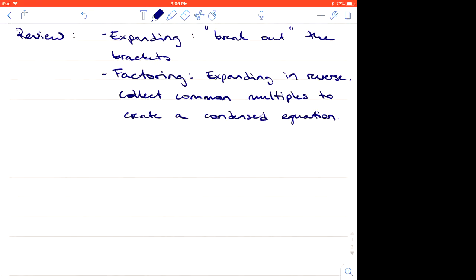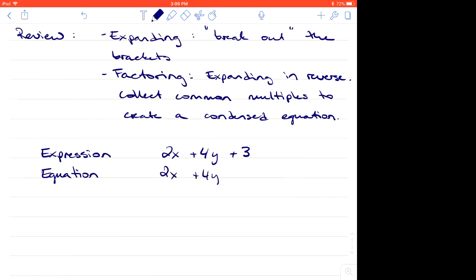Oh, an expression. Just as a little heads up, an expression would be something like 2x plus 4y plus 3, right? Whereas an equation would be 2x plus 4y plus 3 equals 7.